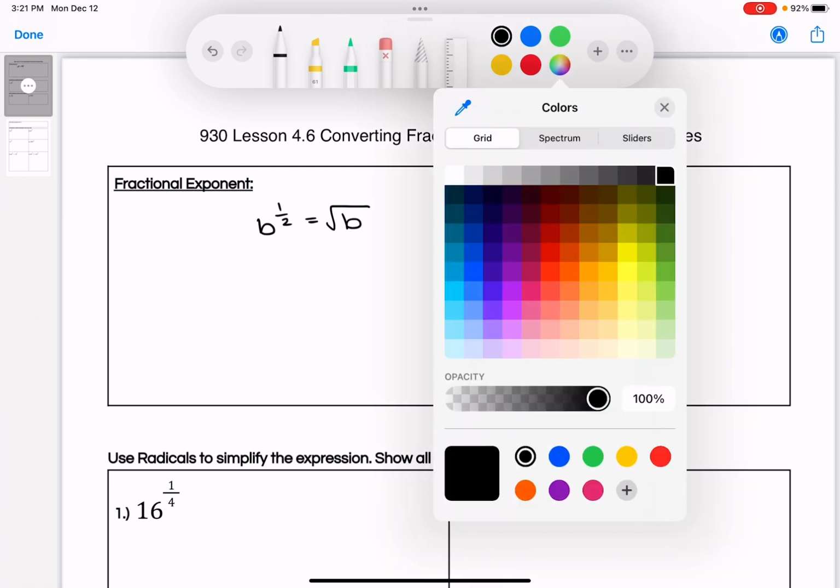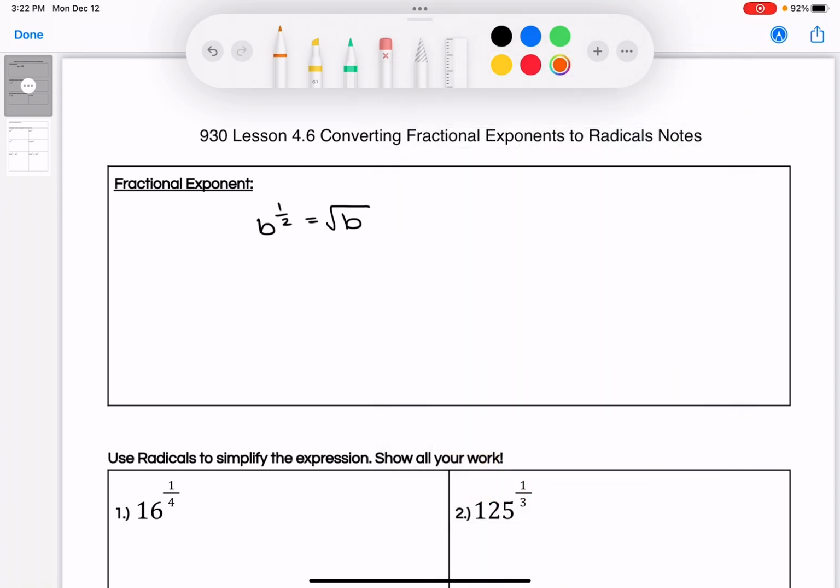A square root really means, in your head, what one number times itself 2 times equals b. Now, b is just a placeholder.